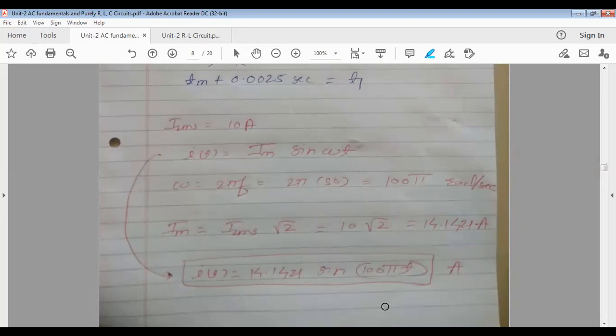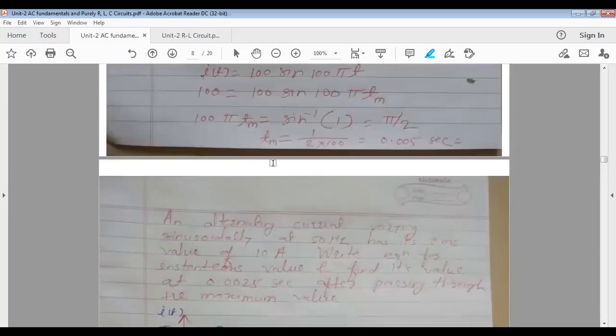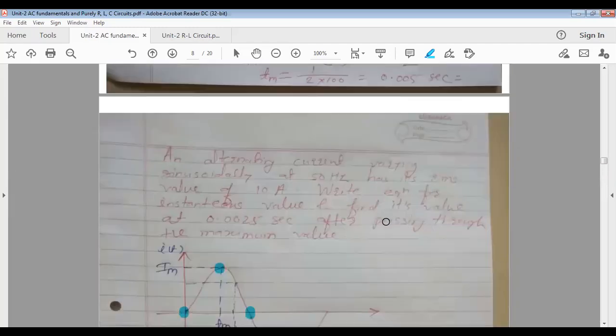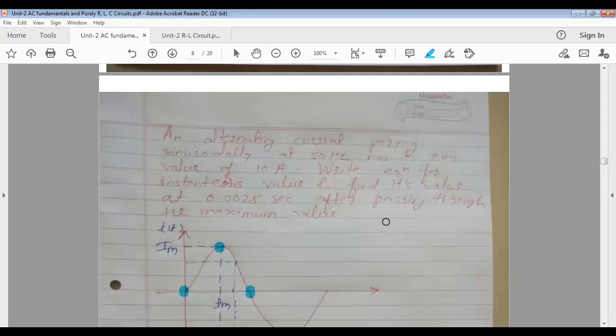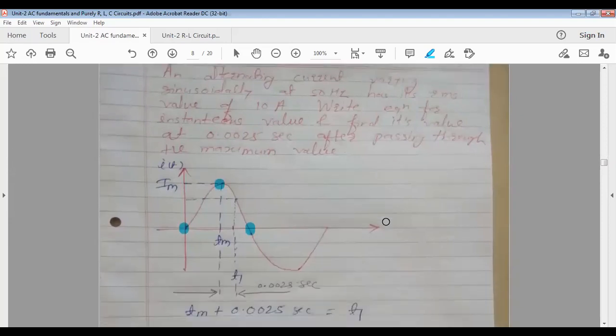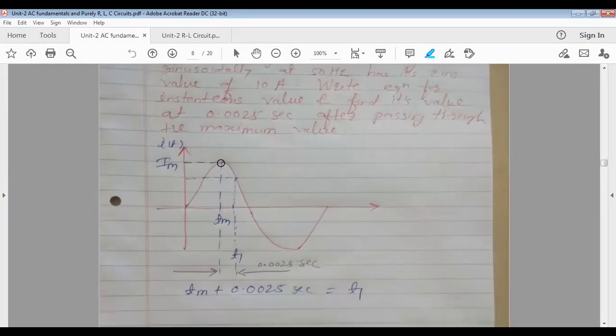Okay. Next question is what? Find its value at 0.0025 seconds after passing through the positive maximum value. So the waveform passes through its positive maximum value at Tm.